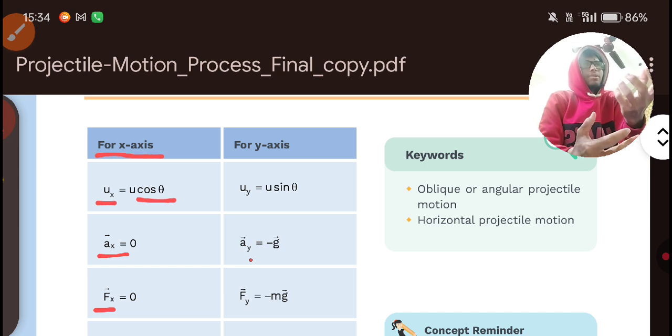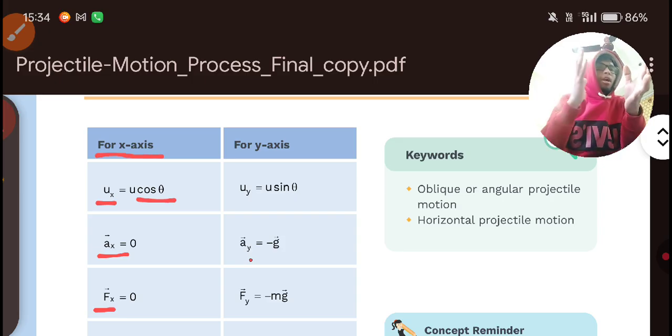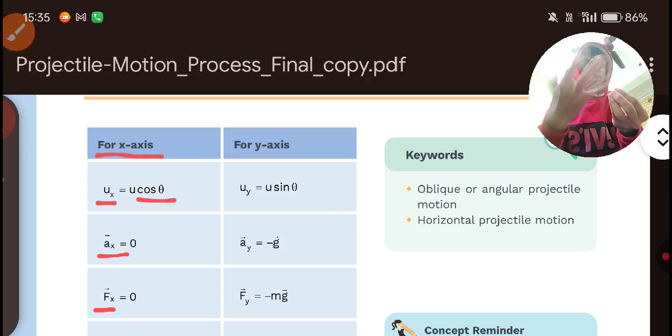For an object in air, the acceleration is minus 10.